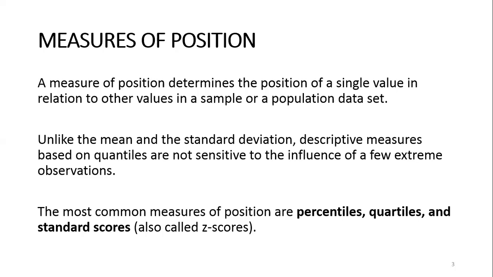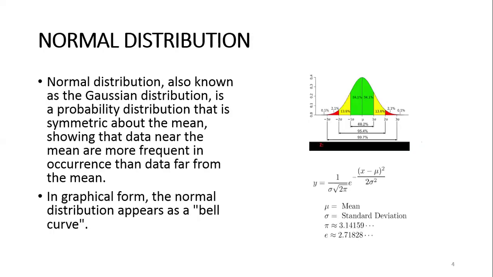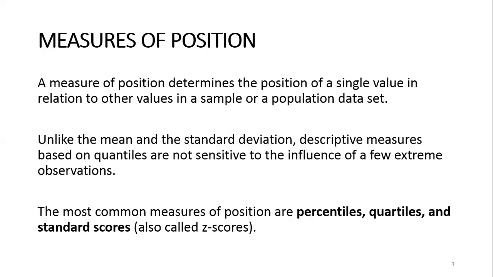The commonest measures of position are percentiles, quartiles, and standard scores, also called z-scores. Percentile is when the values, after being ordered, are split into 100 sections.